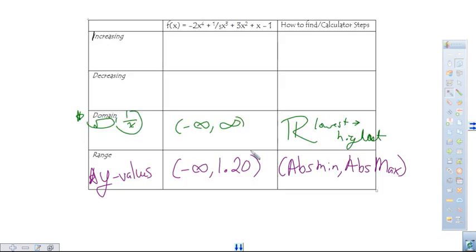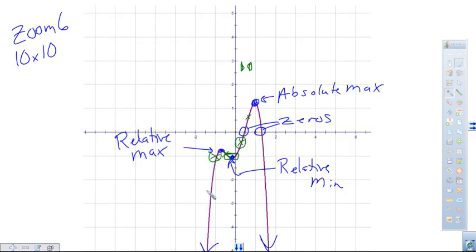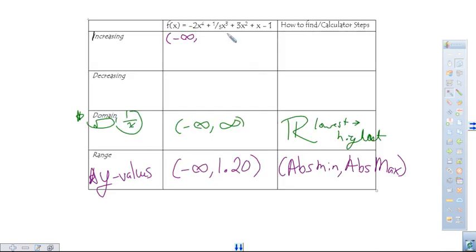So immediately go to increasing. Then I'm going to increase to a point. Once you stop increasing, you're going to start decreasing. So I know that I have an interval here, and then I'm going to immediately start decreasing.